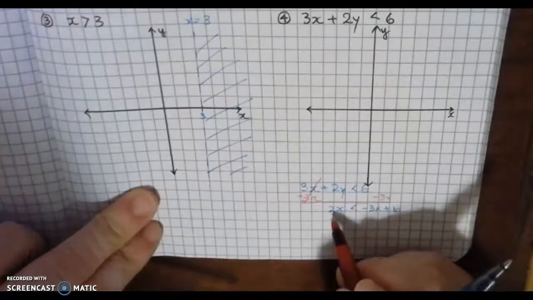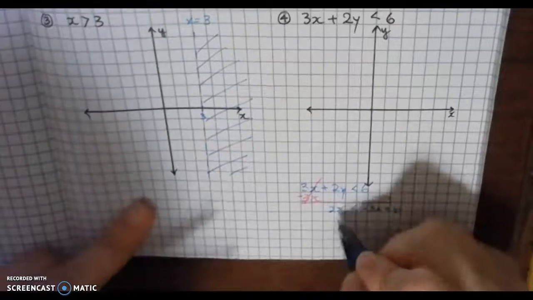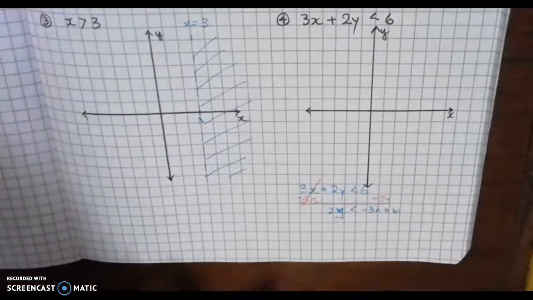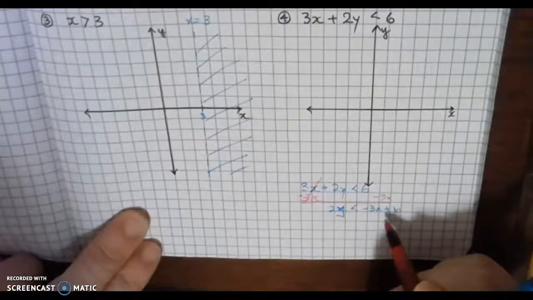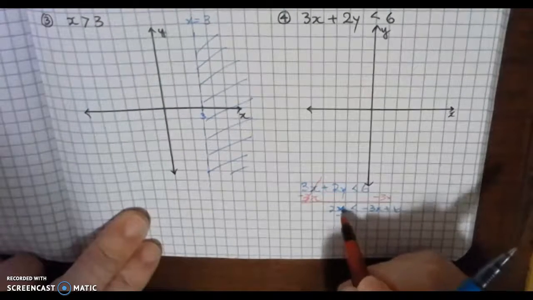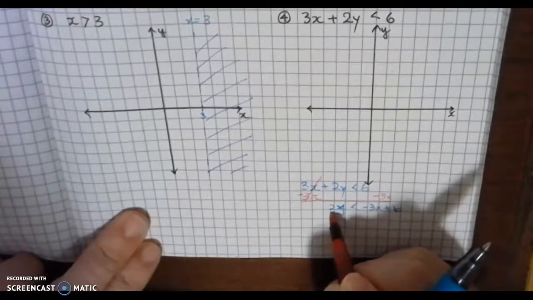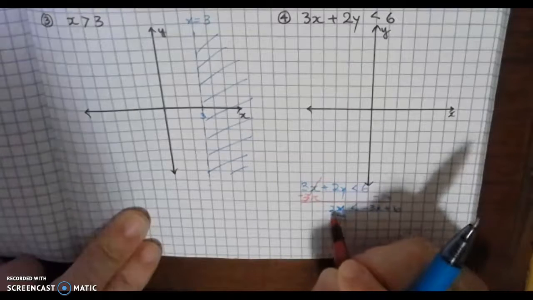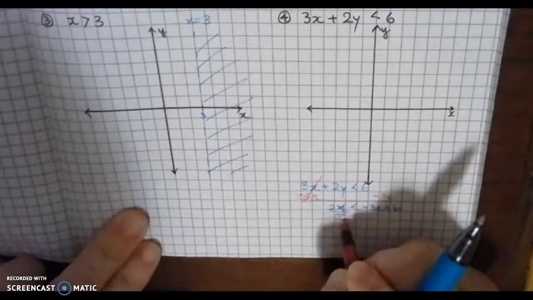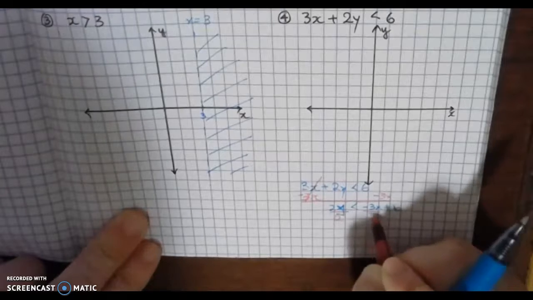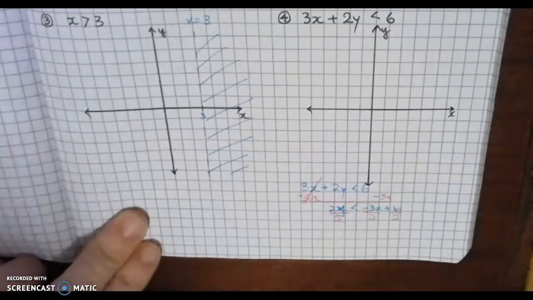Okay, now I have 2y is less than negative 3x plus 6. So 2 is being multiplied to y, so I want to get rid of this 2. What do I need to do? I need to divide everything by 2, that means each of the terms here.